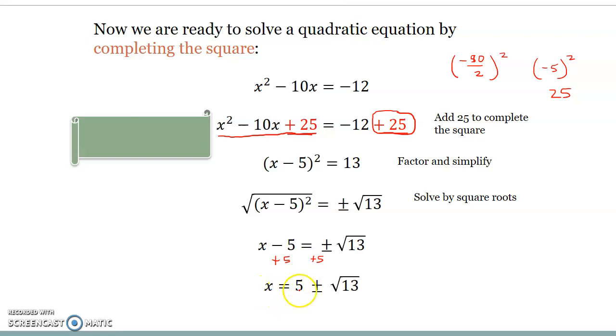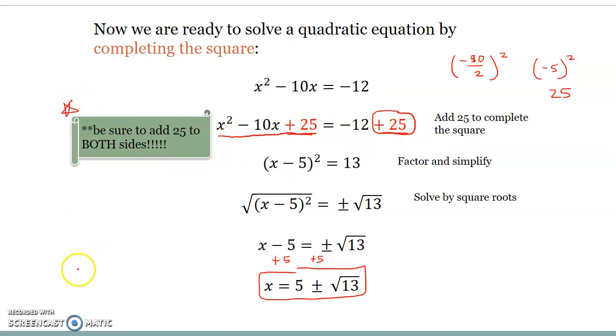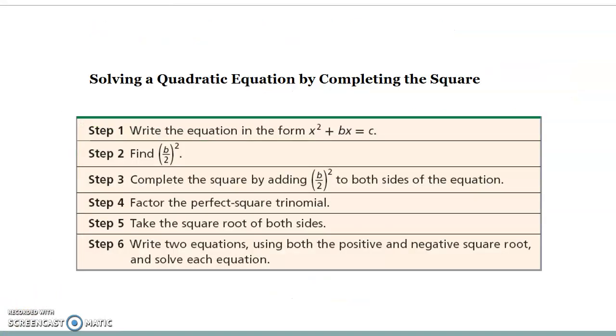So I end up with x is equal to 5 plus or minus the square root of 13. So there are your two solutions: 5 plus the square root of 13 and 5 minus the square root of 13. All right, and again, be sure to add 25, whatever that constant is, to both sides.